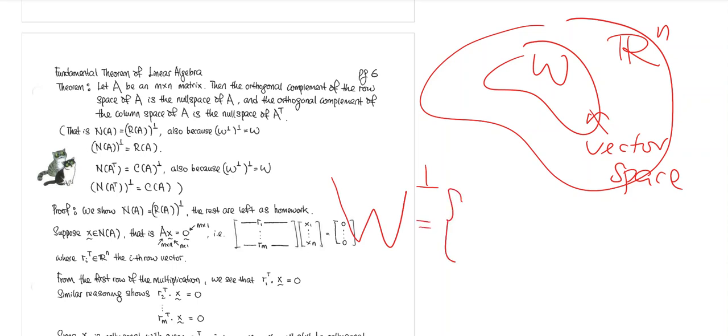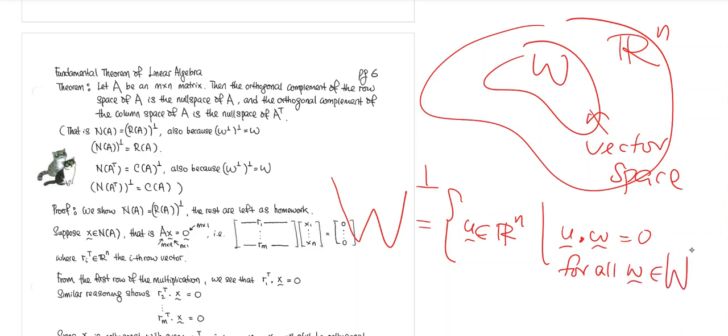W perp, which is the orthogonal complement of W, is the set consisting of vectors U in Rn such that U dot w equals 0 for all w in W. Which means that you are looking for elements, let's say this is U, such that the dot product with the elements in W will be 0.